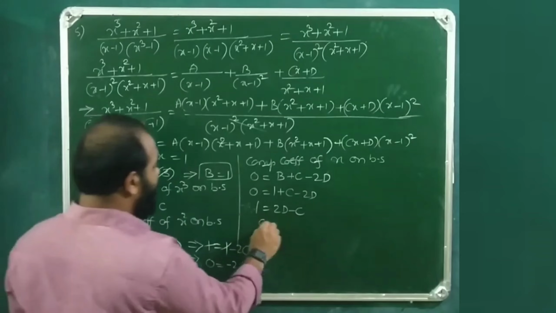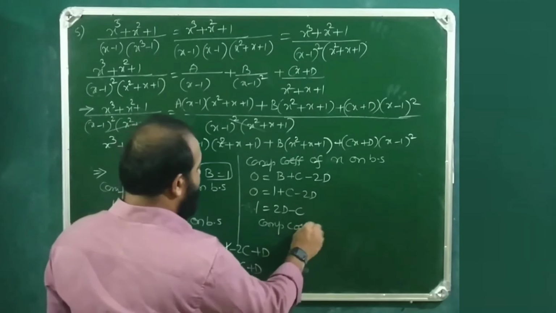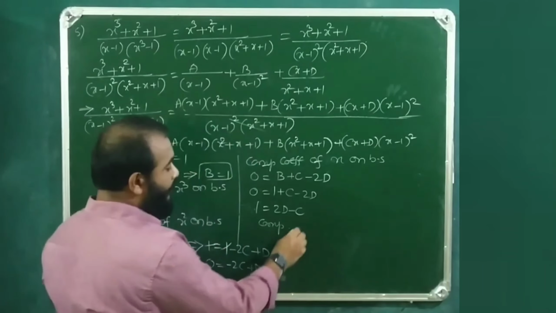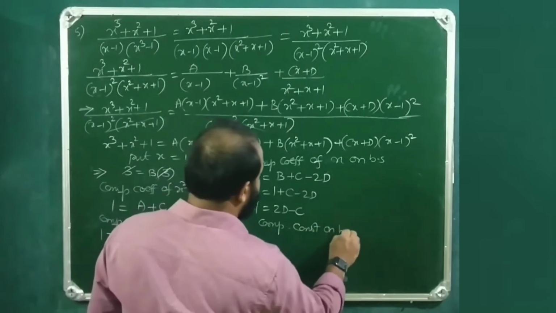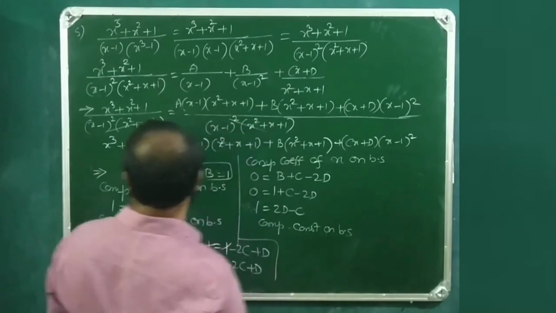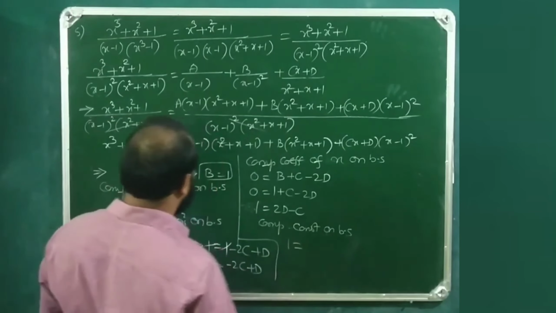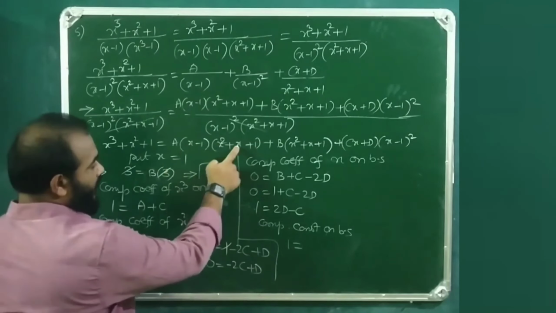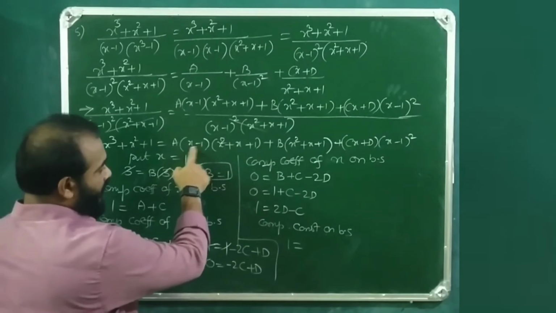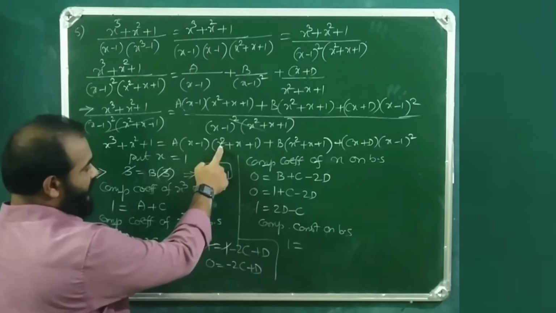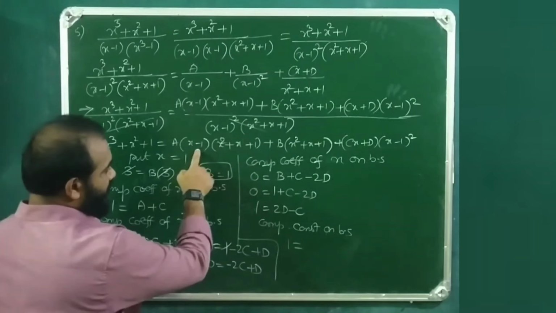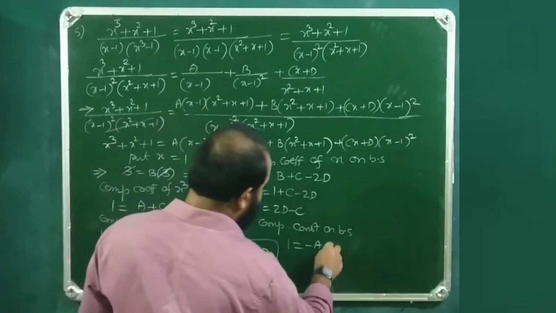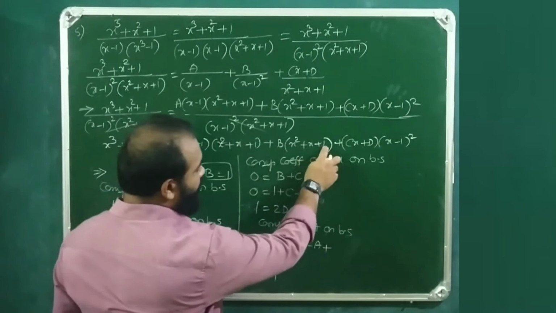Now comparing constants on both sides. So 1 equals, so this is x into x², x³, x², x. So minus 1 into x² minus x² minus x. So this is minus 1 into a, minus a, plus bx², bx plus b.